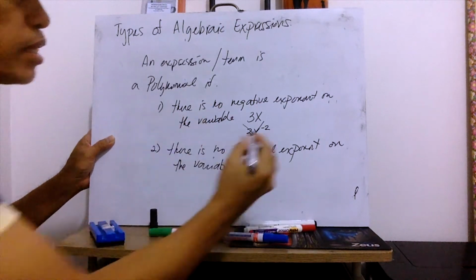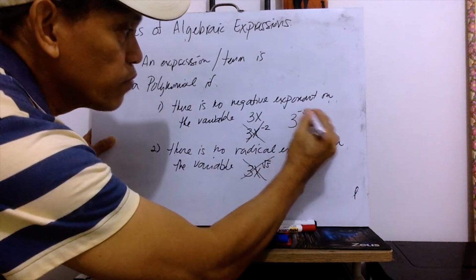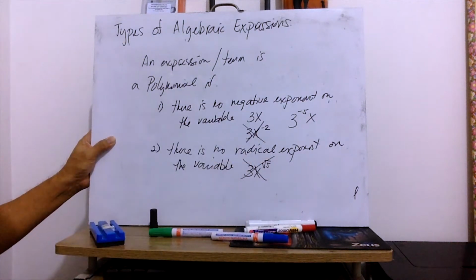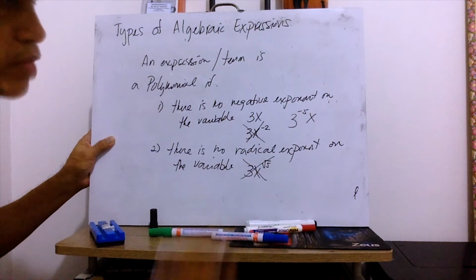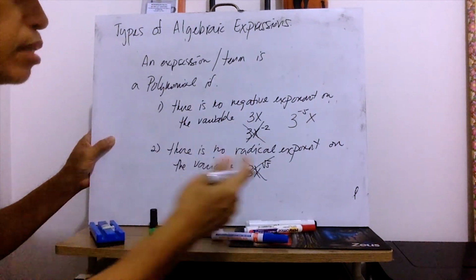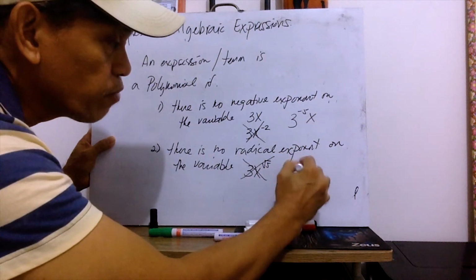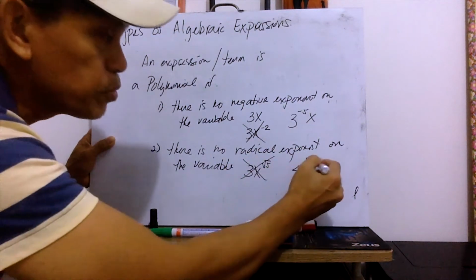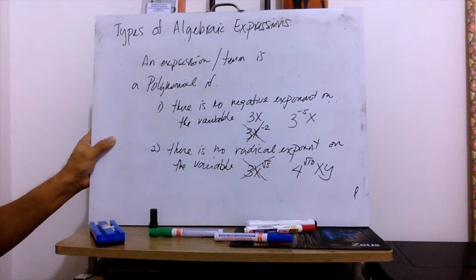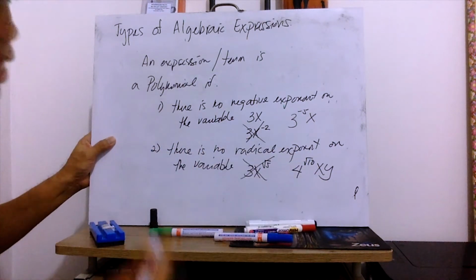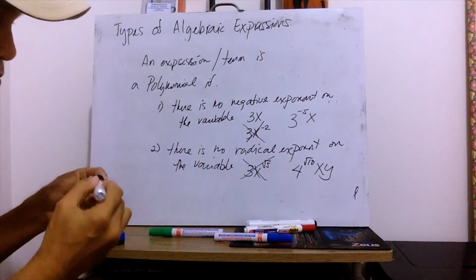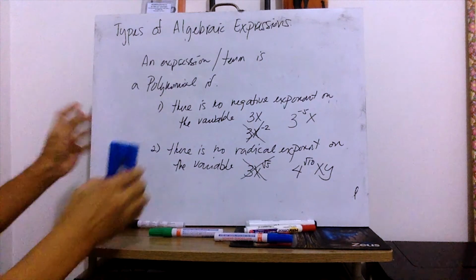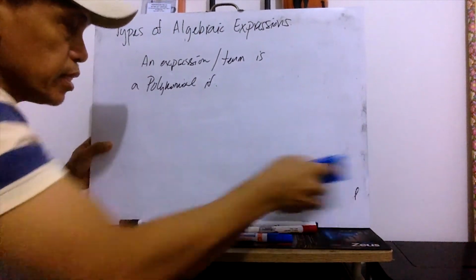If 3 is raised to negative 5, then x, that is a polynomial. We are concerned with the variable, not with a constant. A constant can be anything, for example, 4 raised to square root of 10, and then I'll put here xy. That is a polynomial, as long as the variables are not raised to a negative exponent or a radical exponent. So that's condition number 2. Now let's go to condition number 3.